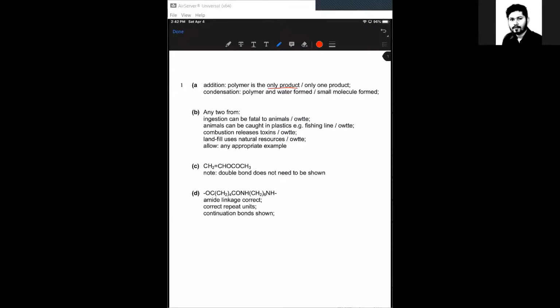But in condensation, along with the polymer, small molecules are formed, or you can mention water is formed. Okay, any other answer? If anyone has any other answer, please mention it.